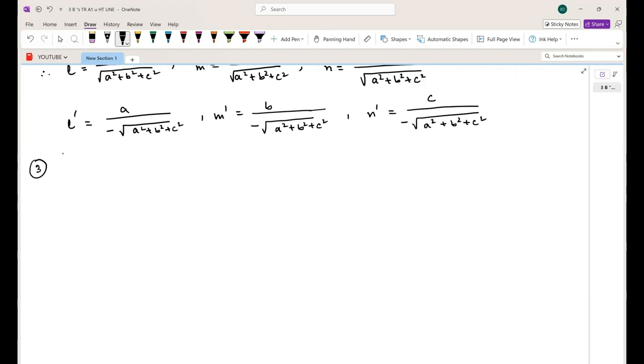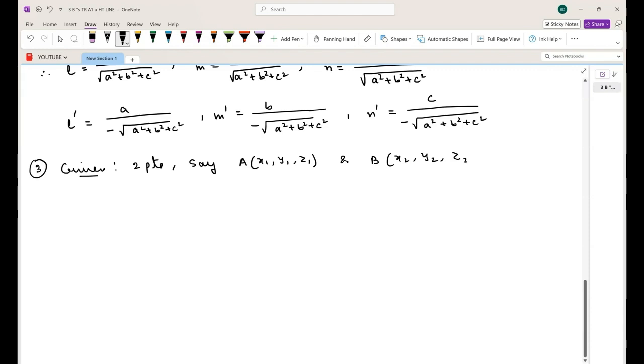Okay, so given 2 points, say A with coordinates x1, y1, z1, and B with x2, y2, z2.